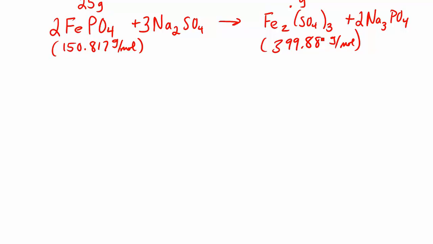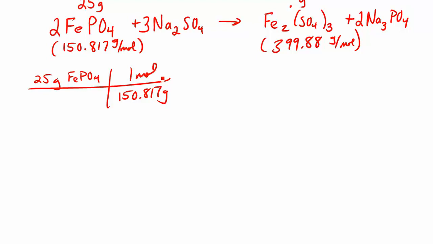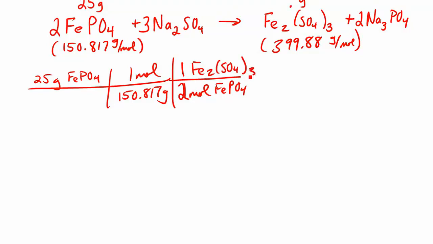Okay, so now we have 25 grams of the iron phosphate going to moles. We have 2 moles of iron phosphate to 1 mole of iron sulfate. And back to grams.